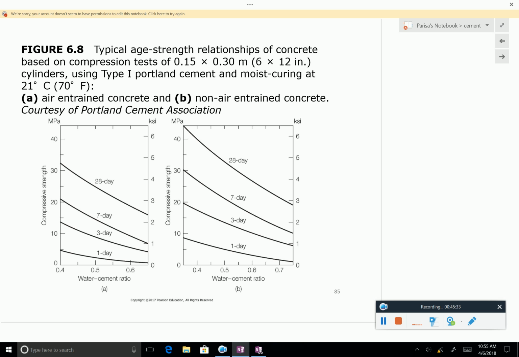But you can also see that for both cases, when you have increasing water to cement ratio, strength is going down, as you can see. And those days are the days that you wait until the material cures. So of course, as you wait longer, the strength is going to be higher and higher. But again, with water to cement ratio, it's decreasing, as you can see.